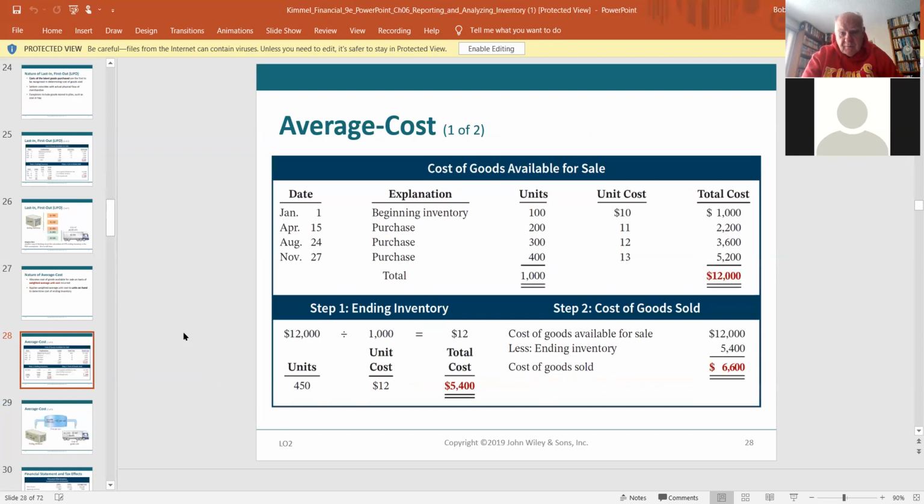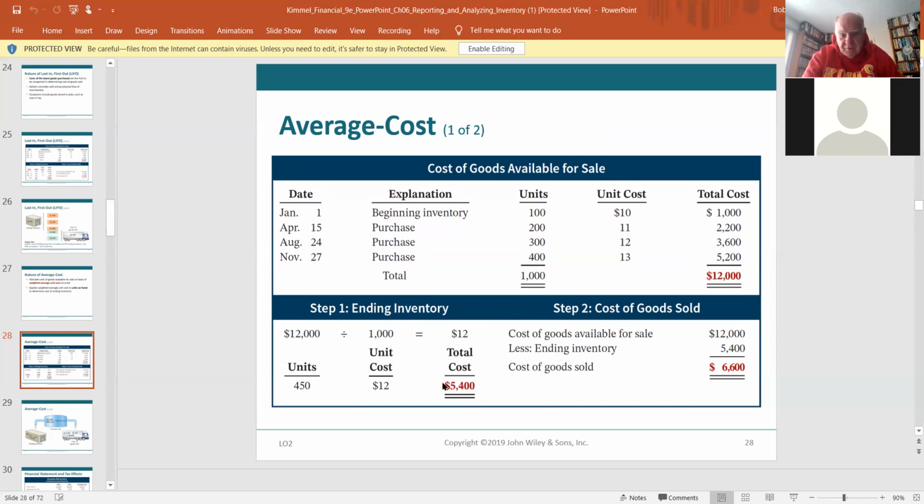Average cost we just talked about. Average cost: $12,000 is the total available cost, divided by 1,000 available units. That's $12 apiece. 12 times 450 in the inventory gives you this number, and then 550 times 12 gives you the 5,400 total cost of goods sold right there.